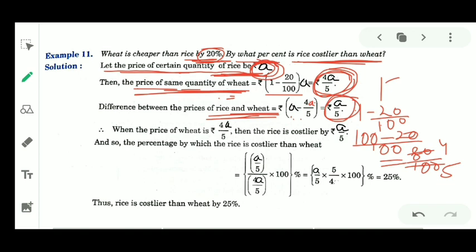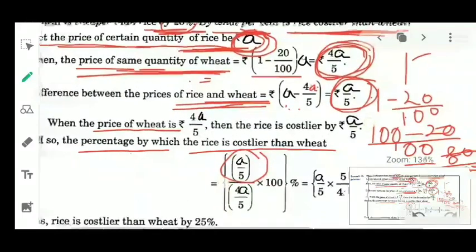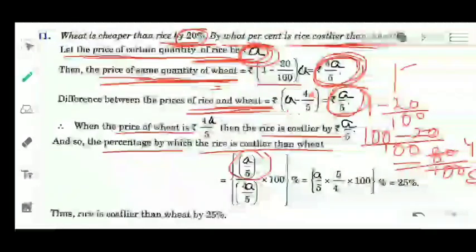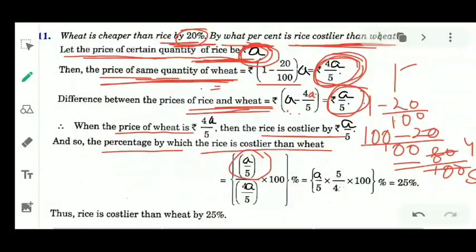So when the price of wheat is 4A by 5, then the rice is costlier by A by 5, and the percentage by which rice is costlier than wheat equals A by 5, that is the increased value, by the original value 4A by 5, into 100.